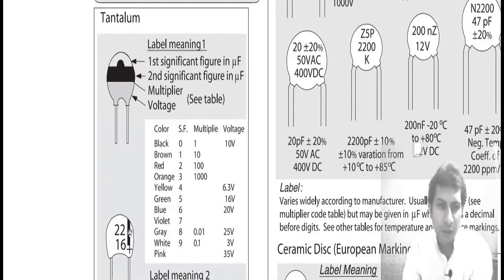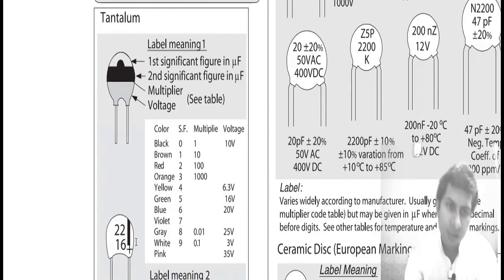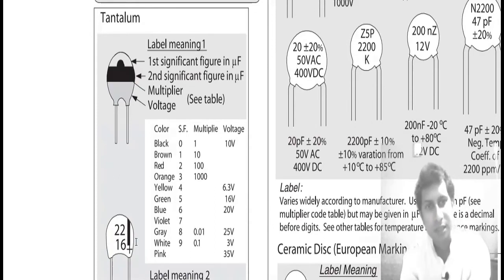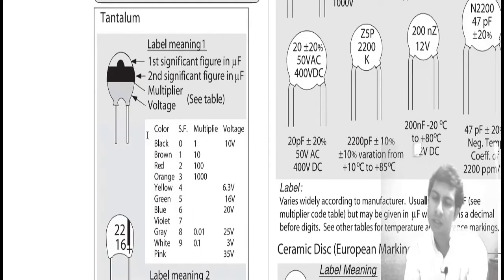Somewhere you have to see this marking, this color, 2216, and this dark color line is treated as the positive terminal, because these are polarized type capacitors. If these kinds of capacitors are unpolarized, both the legs of the capacitor will generally be equal in length.